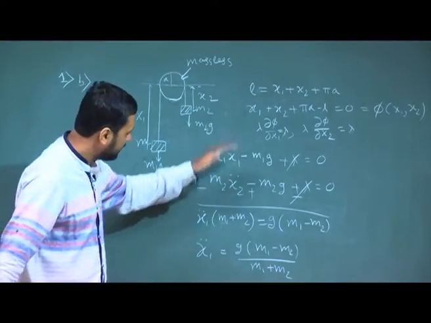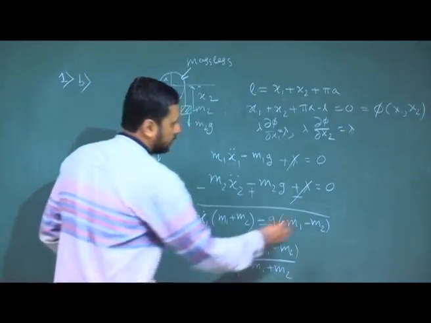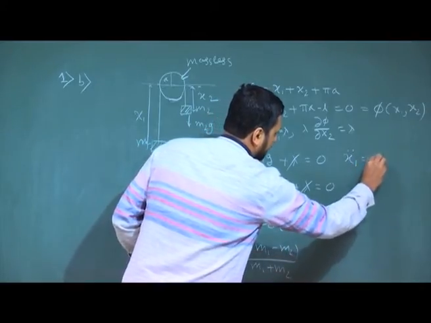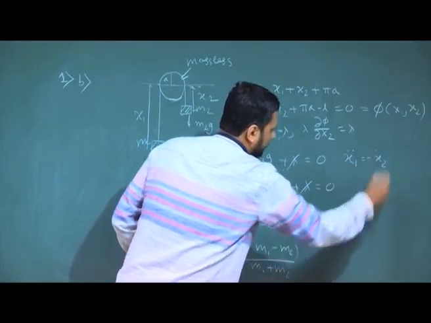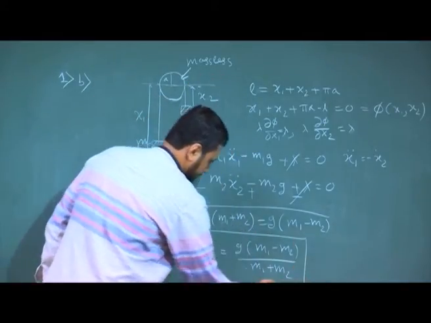We get two separate equations, simple algebraic manipulation, and of course, we have to keep in mind here also we need to use that x1 double dot is equal to minus x2 double dot. Okay. And then finally, we got this equation.